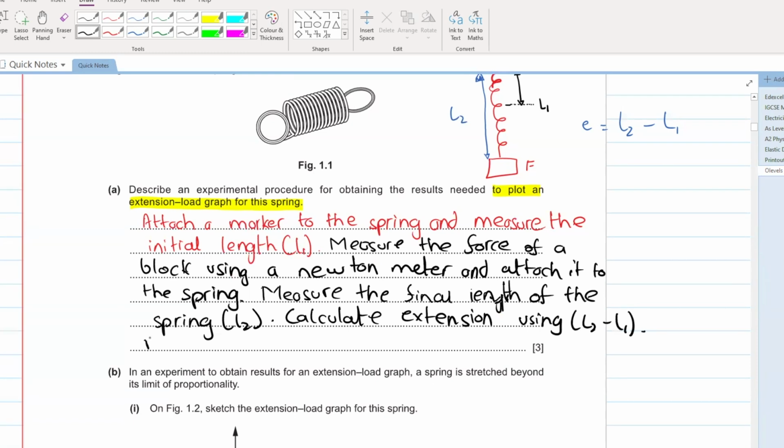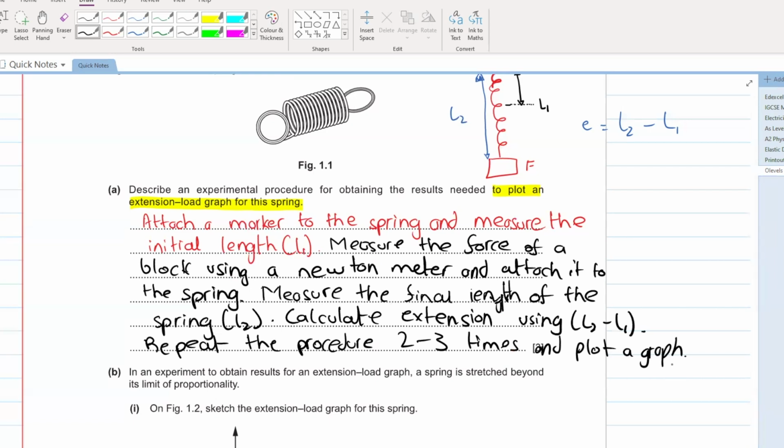And repeat the procedure 2 to 3 times and plot a graph. Simple as that, nothing complicated. This is an answer that will bring a distinction home.